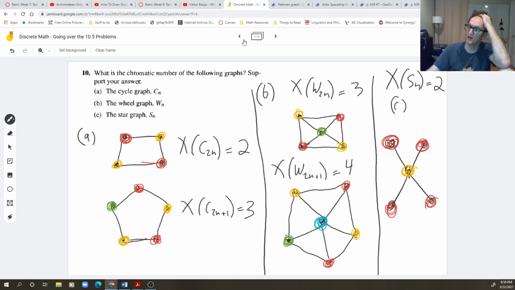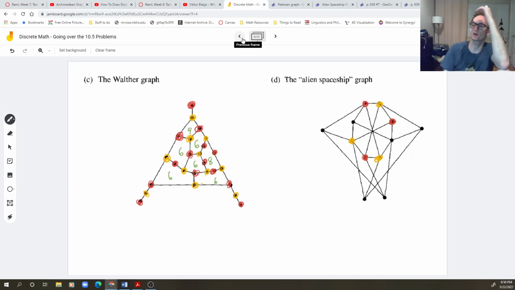Okay, I chose to do that because I started to already have this sort of thought now that, well, here you might think that going around this circle, I could have done this in just 2 colors. But that's just not true, because let's see, if this is red, yellow, red, right?